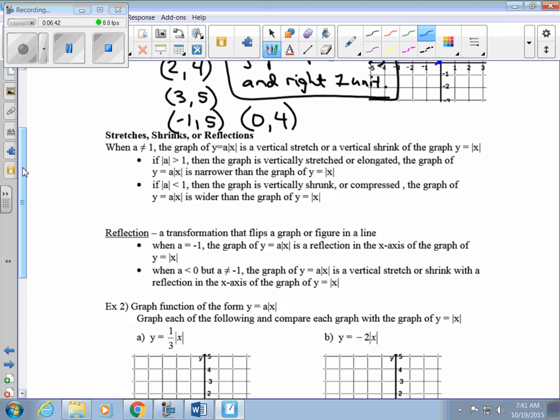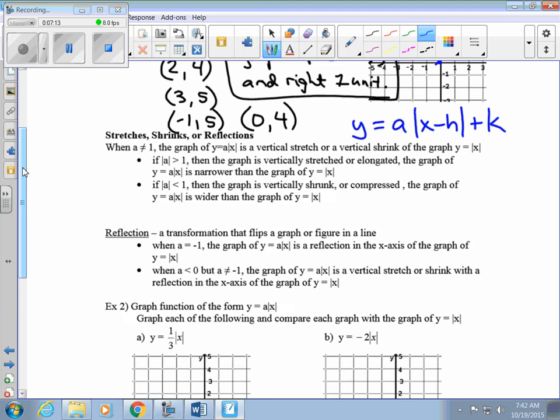So what we're looking at in this case is that this is going to be our general equation for all absolute value functions. And we'll talk about that later. But if that A value is bigger than 1, the slope on the right side is going to be steeper, so it's going to be a vertical stretch.